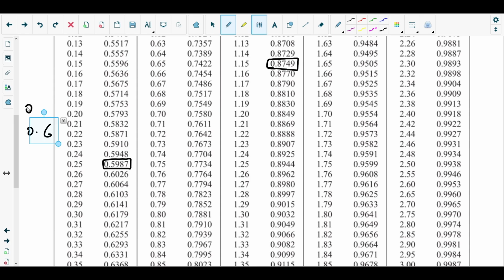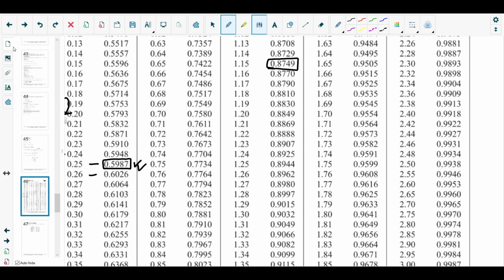It is 0.0013 less, and the next one is how much greater? 0.0026 greater. So which one is closer? Definitely this one. So that's why this one is to be taken. Done.